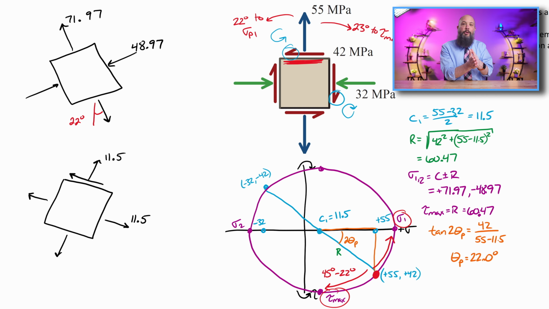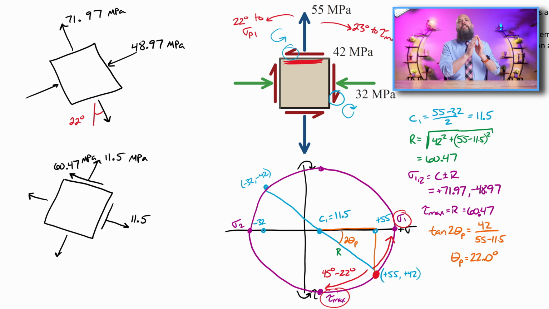Instead of rotating up to the horizontal position, I rotate downwards to the vertical position. And so 90 degrees on the circle is actually 45 degrees on the square, right? It's angle over 2 theta. So instead of 22 degrees one way, it's 23 degrees the other way, right? It's a 45 degree shift.